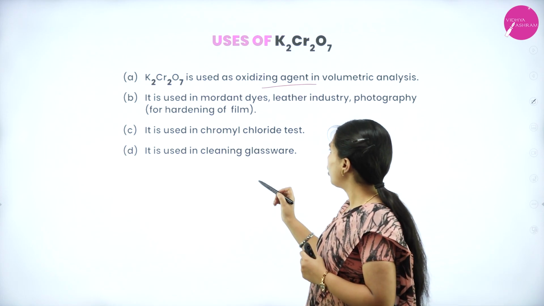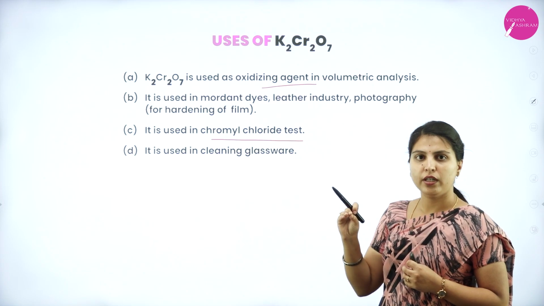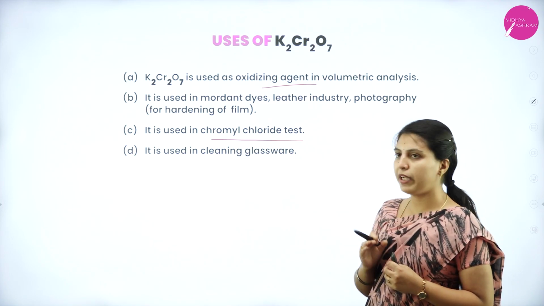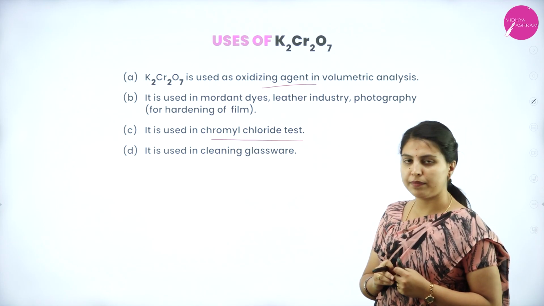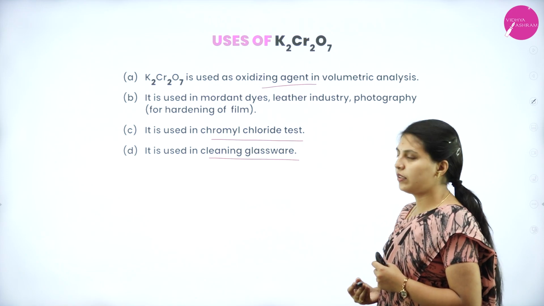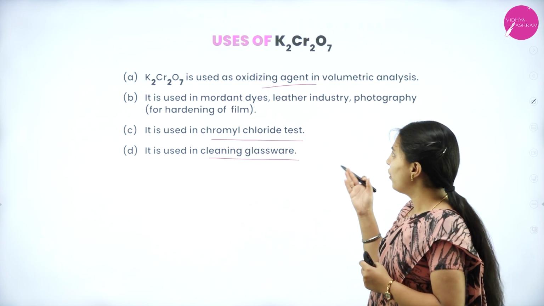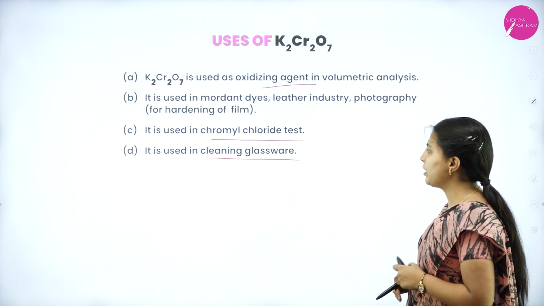It is used in the chromyl chloride test. While doing the qualitative analysis of inorganic salts, you will do the chromyl chloride test, where you will use this potassium dichromate. And it is used in cleaning glassware. These are the four major applications or uses of potassium dichromate.